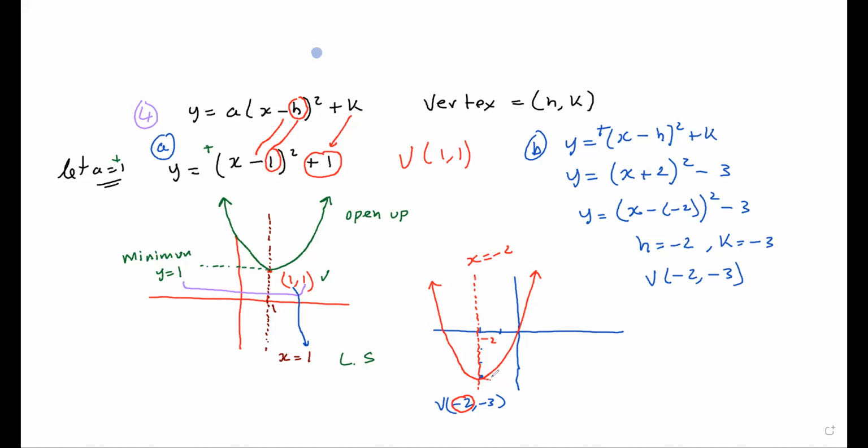Then come across to your axes here. So this will give you the minimum point, which will be minus 3. So the minimum value equals minus 3. That's the lowest point here. And open upwards. So just be aware of that A as well.